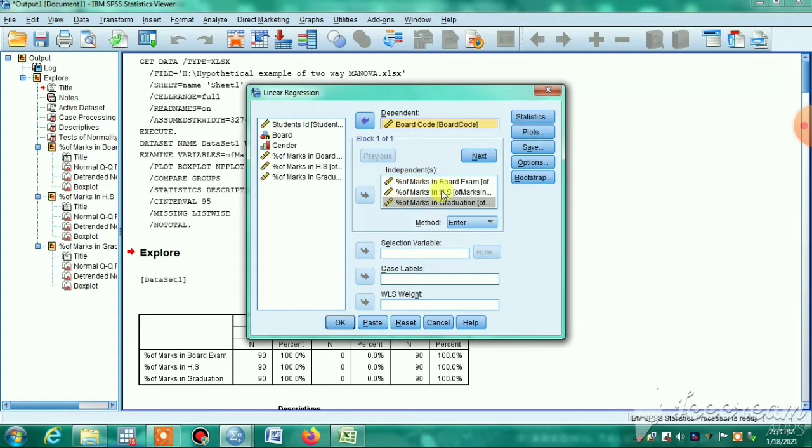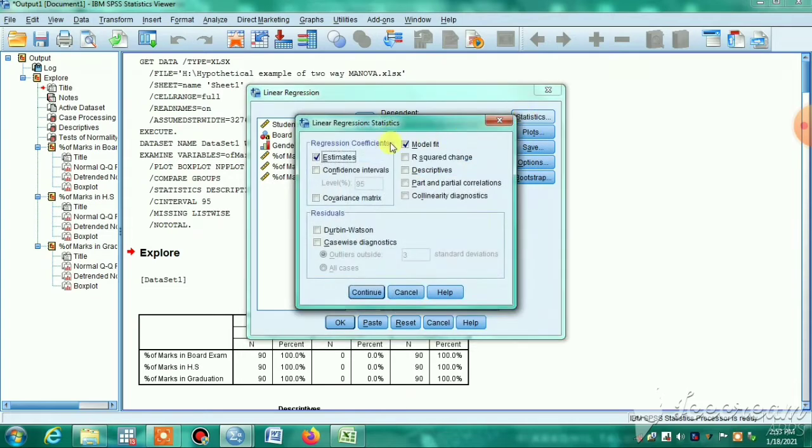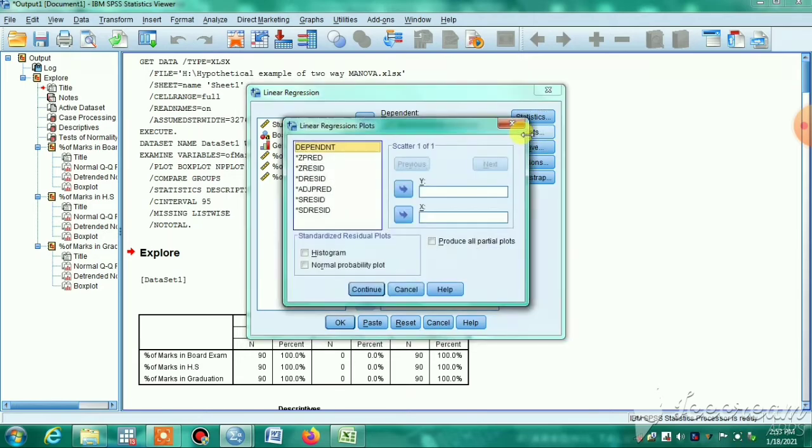So our objective is to calculate the Mahalanobis distance among these three variables. So we put these variables in the box of independent variables. In Statistics, nothing is needed, continue. In Plots, continue.